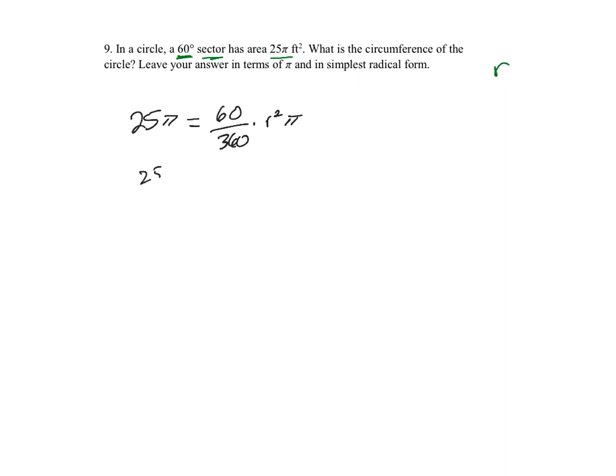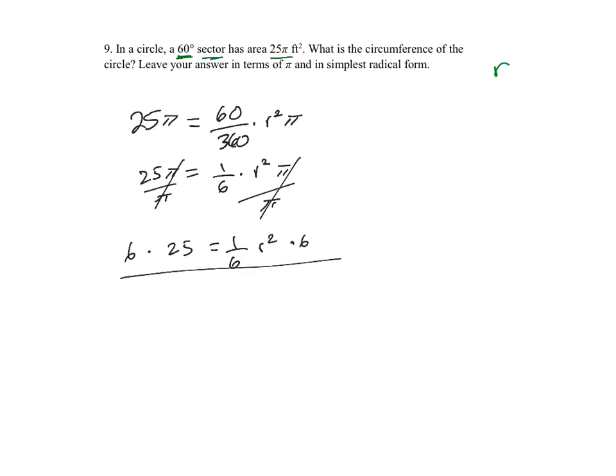Right? So 25 pi equals 1 over 6 times R squared pi. So if I divide by pi on both sides, cancel it out. So 25 equals 1/6 R squared. So now if I multiply times 6 on both sides, I get 150 equals R squared.